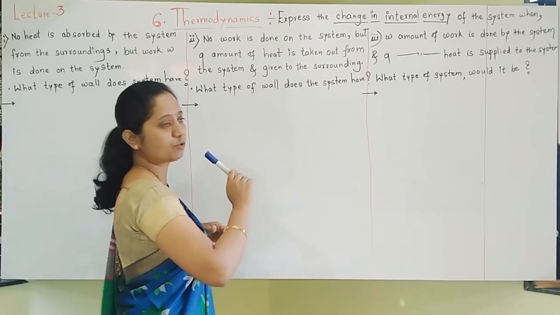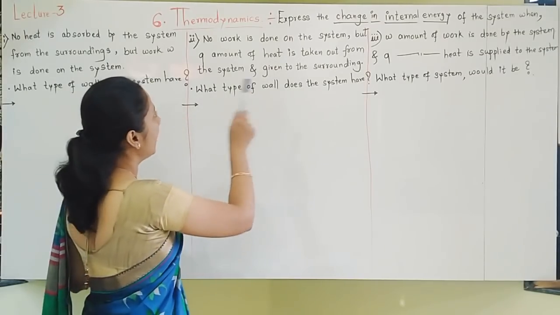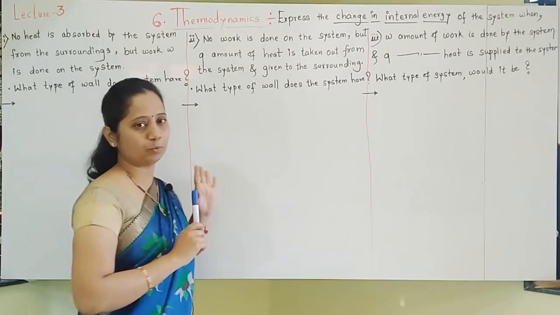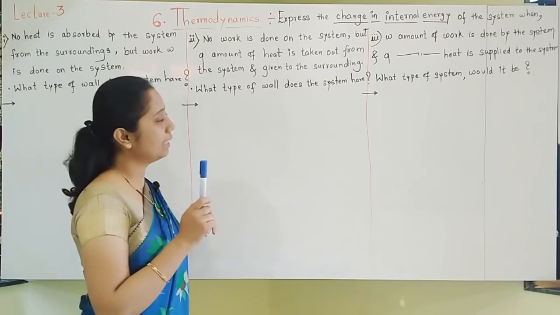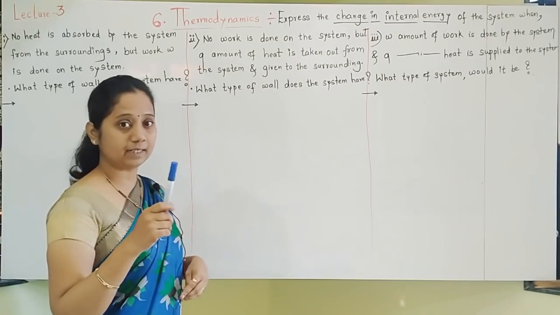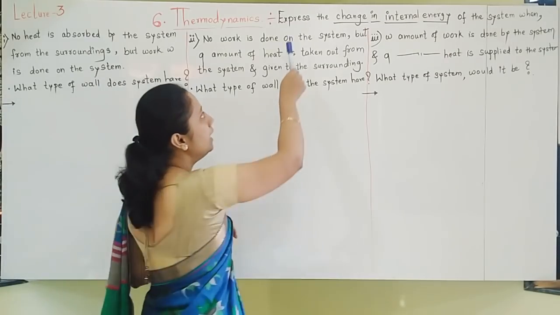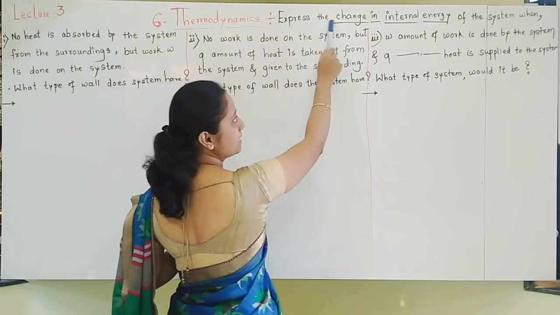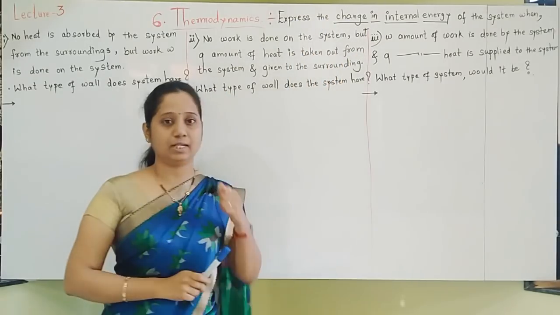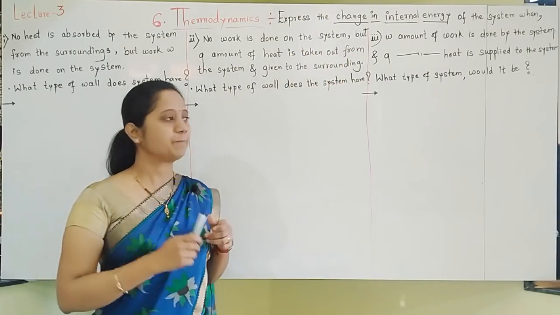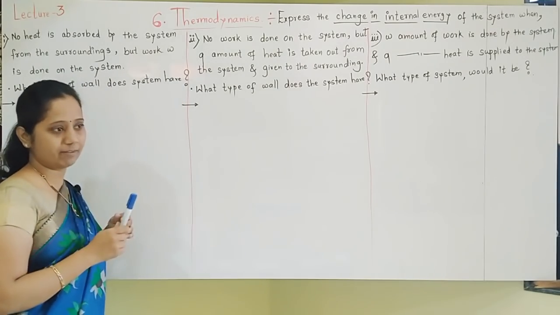So what we have to find out, students, is a common question, and three conditions I have written on the board. It is an NCERT solved problem, but their steps won't be given, so you have to understand how. The question is, express the change in internal energy, delta U. So let us see which conditions are given.